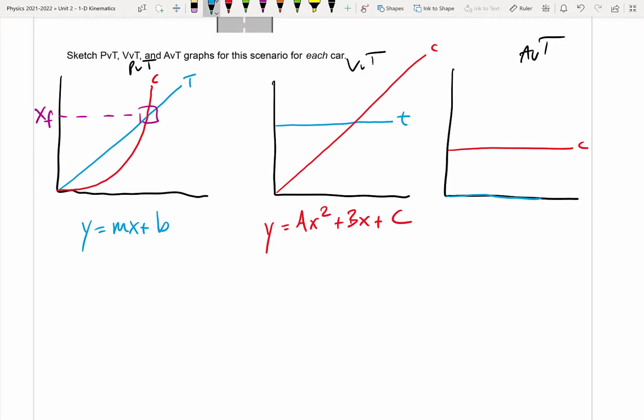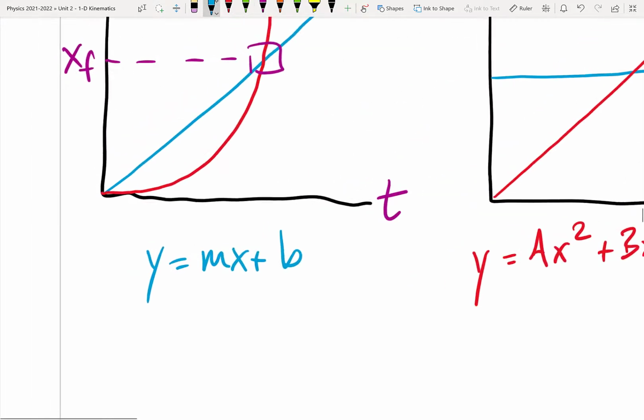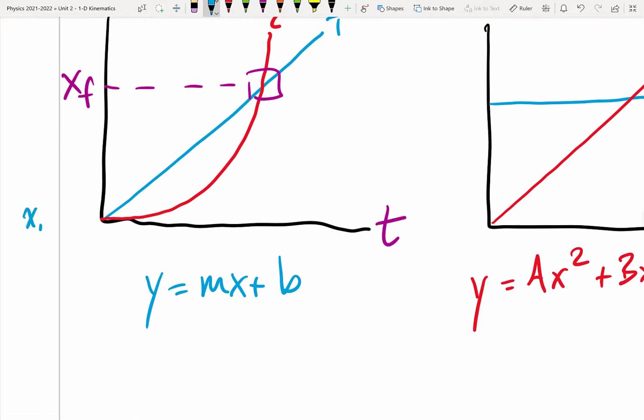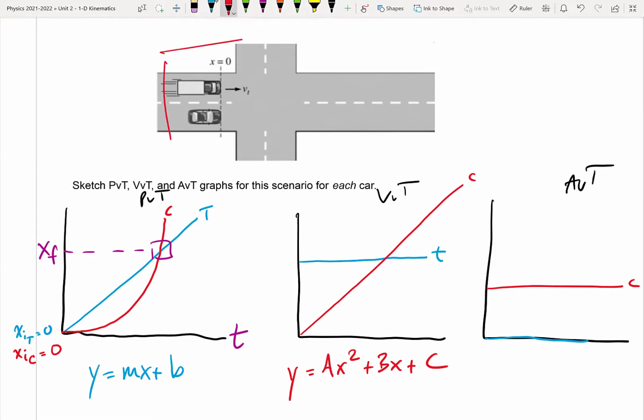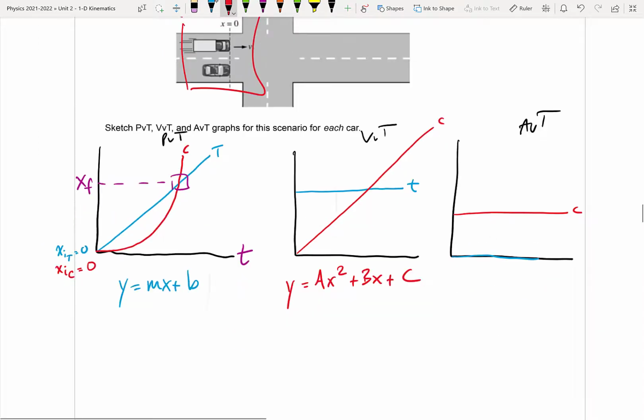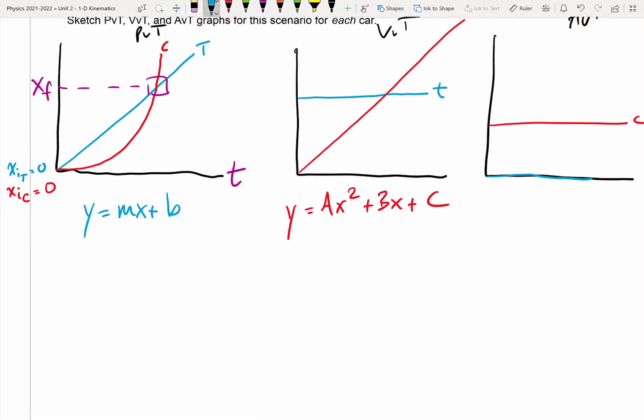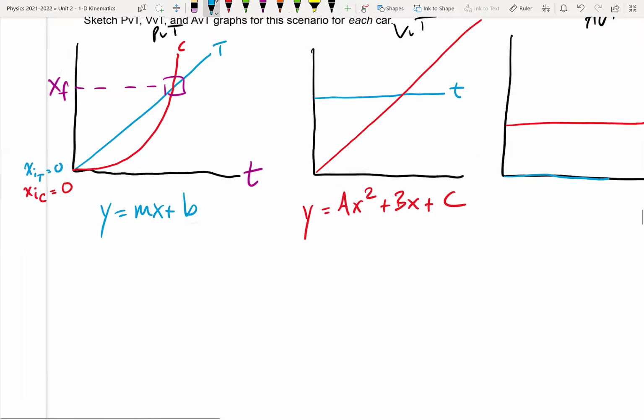Okay, so when we say it's linear, for our graph here, remember x-axis is time. Initial position of the truck, call it that, is 0. Initial position, this is rather convenient, of the car is 0. They're starting from the same position. We can see that right there, right? Okay, so what we do with our y equals mx plus b, what's on the y-axis?